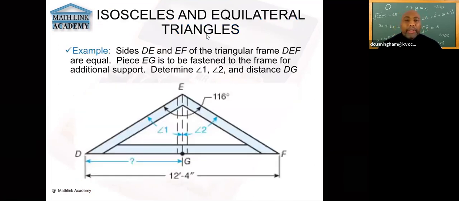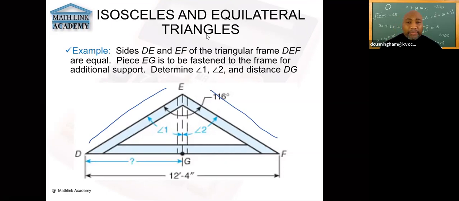In this example, it says side DE and side EF of the triangle are equal. So here's DE, here's EF. If they're equal, that tells us we have an isosceles triangle, not an equilateral, where two sides are equal.